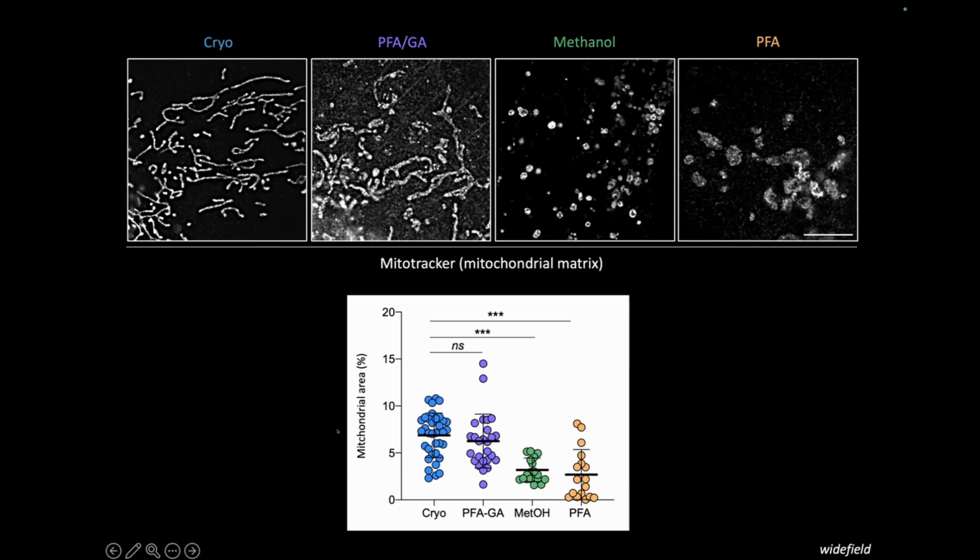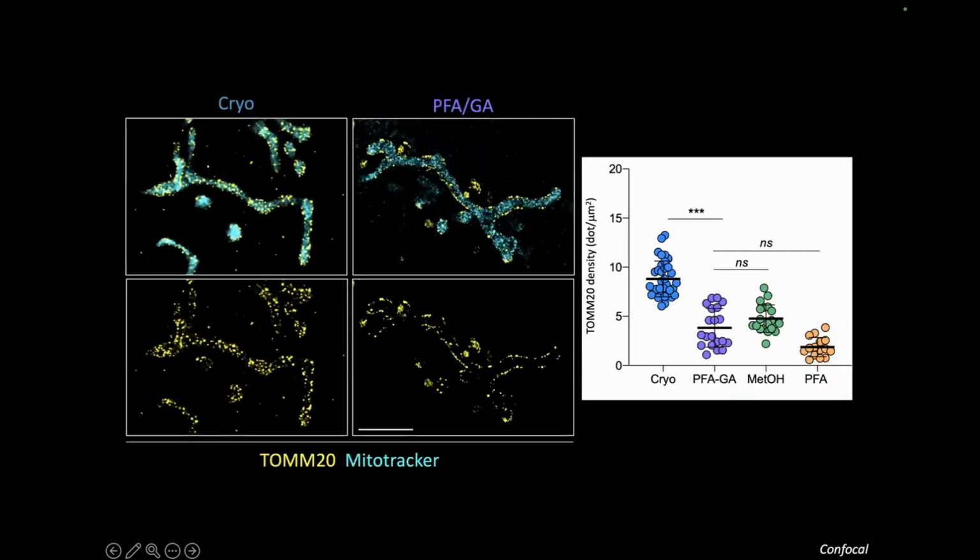So with this, we just looked at the mitochondrial area, and we could see that cryofixation was equal to glutaraldehyde regarding this parameter. But I think that you can appreciate here that the intensity seems a little different. We have much more background here because I had to push the signal a lot, using, I didn't say, a mitochondrial matrix marker. And also we compared the antigen accessibility just by counting the number of TOM20 dots.